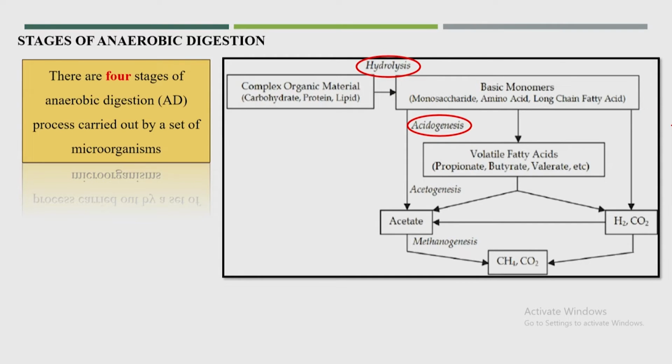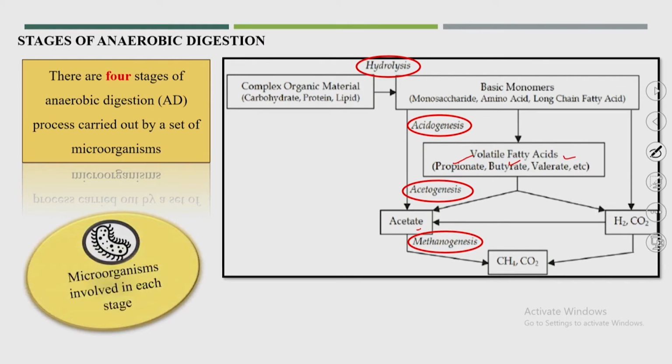That is acidogenesis, and acidogenesis is followed by acetogenesis. So that is the only change between the two stages. In acidogenesis propionic acid, butyric acid and valeric acids are produced, but in acetogenesis these acids are broken down and converted into acetic acid, and finally from acetic acid we get methane and carbon dioxide as the final product, as biogas. And the important fact is that in all the stages, different microorganisms are involved in each stage.